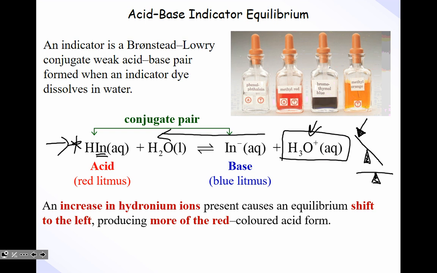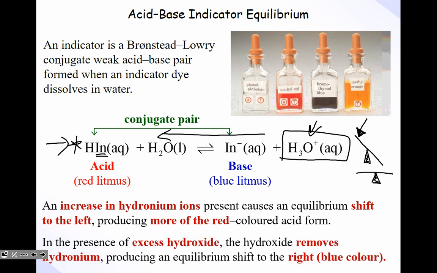Now let's compare that to the addition of hydroxide ions. In the presence of excess hydroxide ions, if you take a look at this system, there's no hydroxide ions. No, no, no, no. Because we're adding something new that doesn't actually exist in the system, that's going to indicate to you that it's the removal of something.